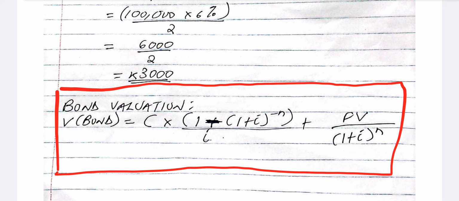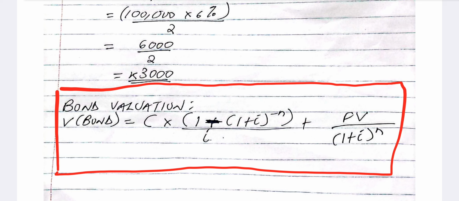So in this given situation, our formula is that the bond valuation is equal to C, with the C representing the periodic coupon, times 1 minus 1 plus the periodic required return, which is indicated by i, raised to the power negative n.